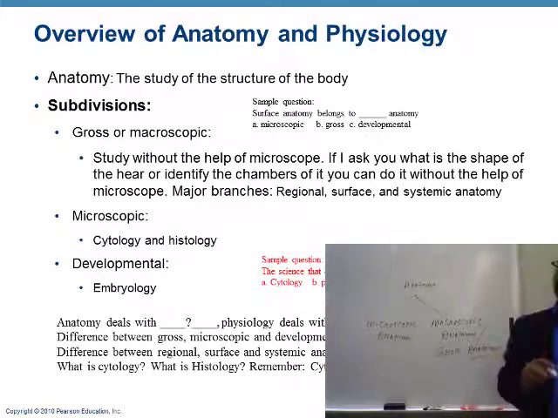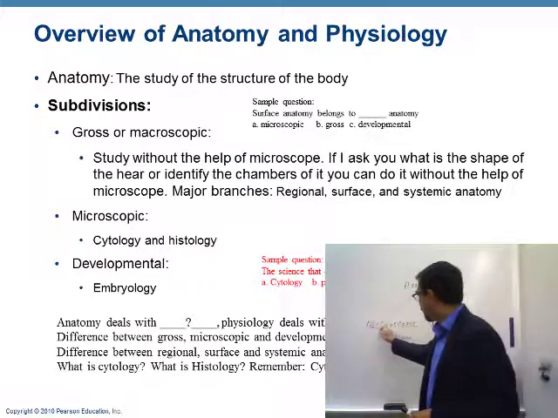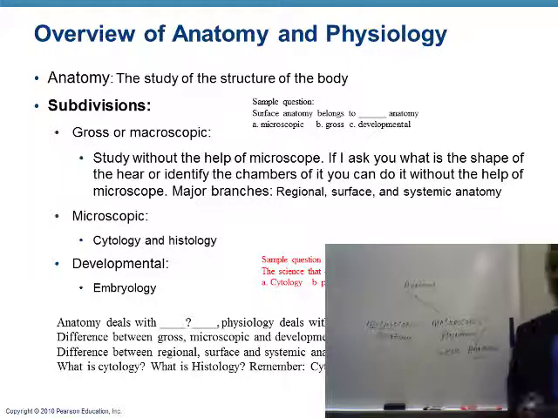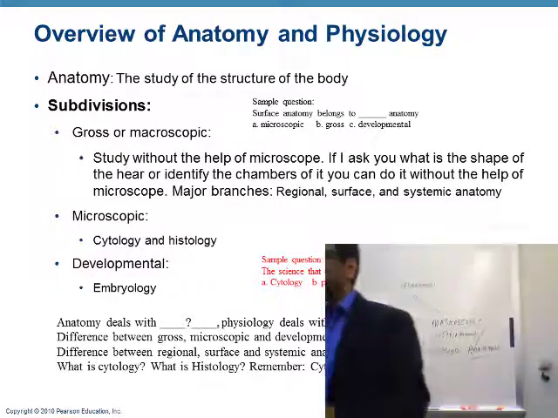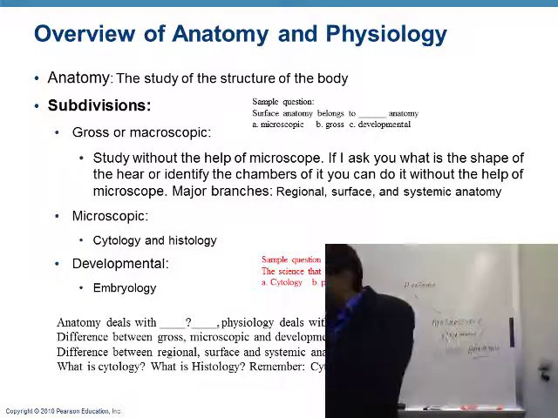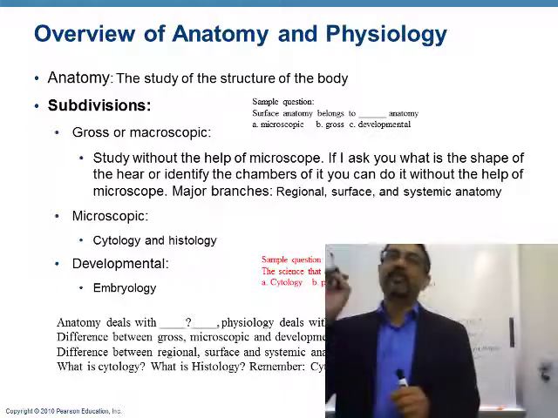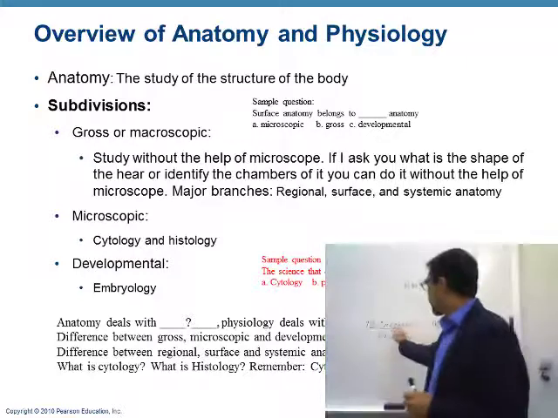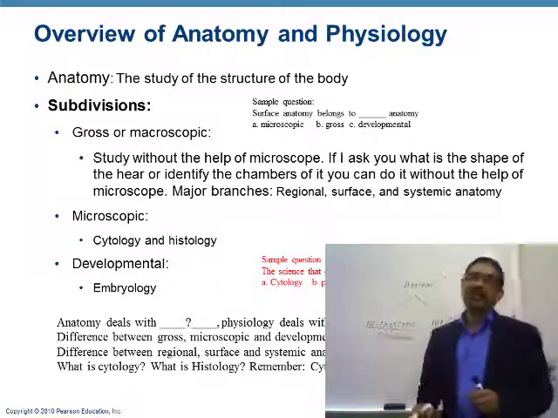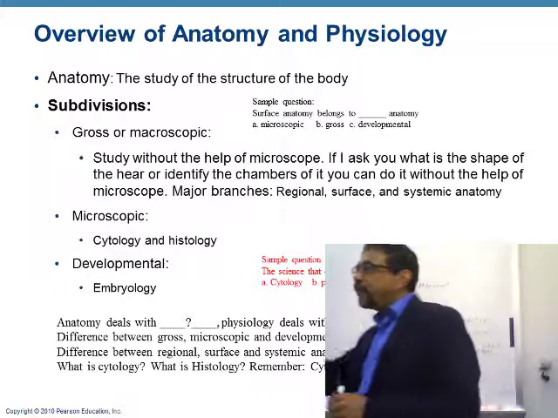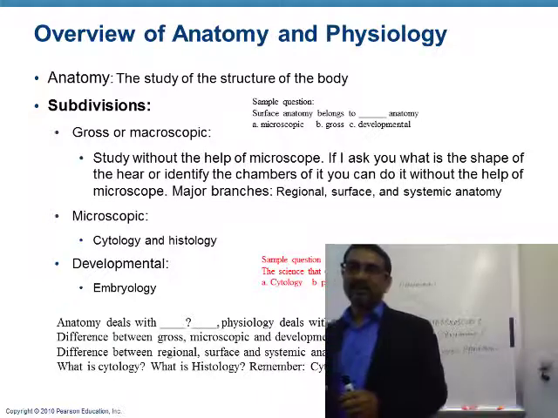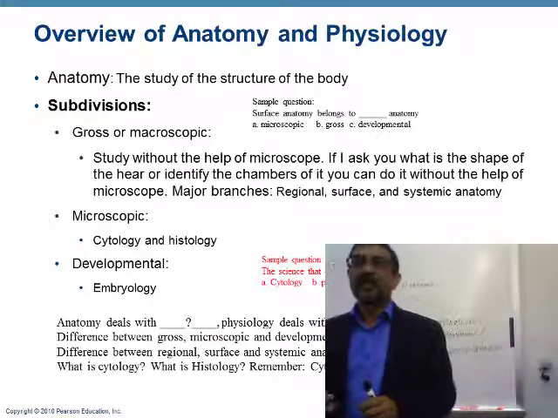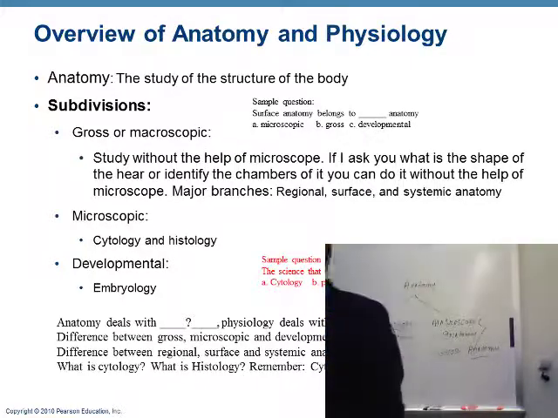Okay. Micro means tiny, very small. You know, microscope, right? We use microscope to see very tiny things, right? So micro means very small, tiny. So microscopic anatomy is the study of very small structures of the body under the microscope or by using the microscope.